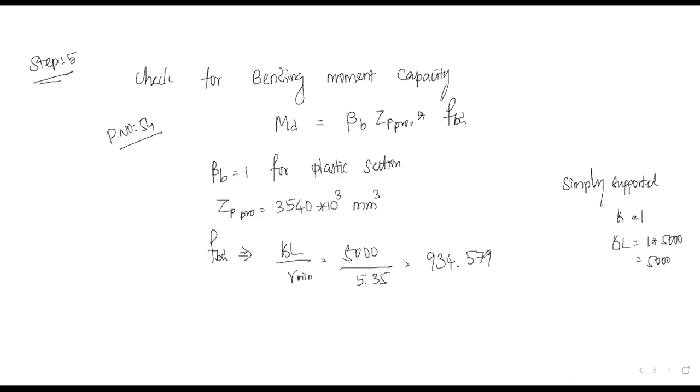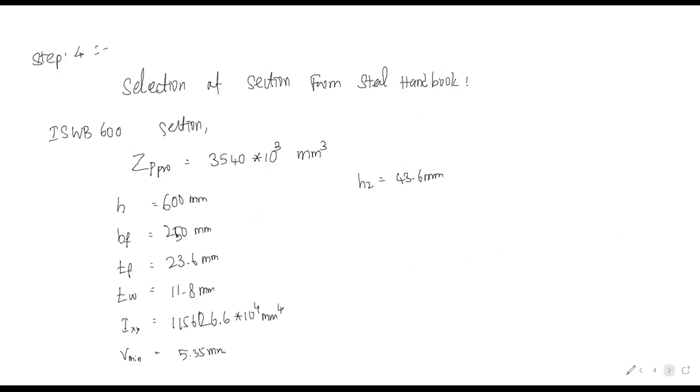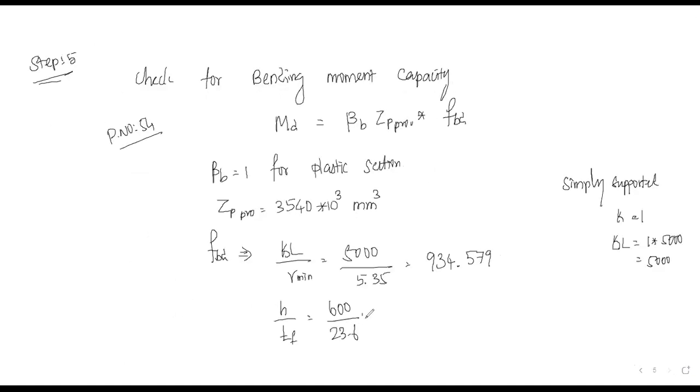Next I need h by tf value. h is equal to 600 and thickness of flange is equal to 23.6. So 600 divided by 23.6 becomes 25.423.